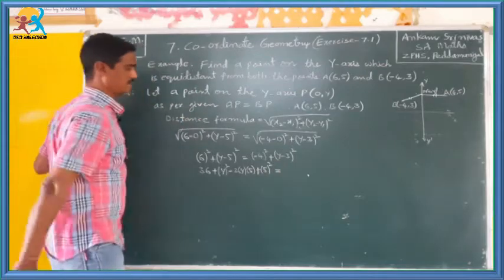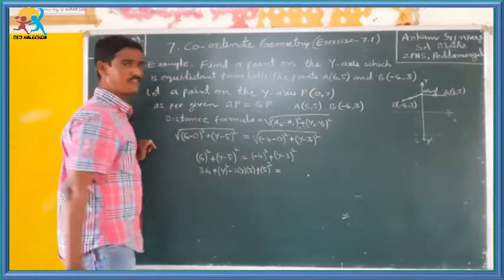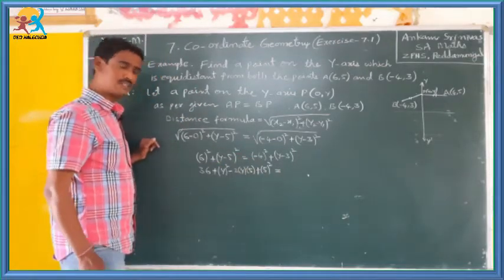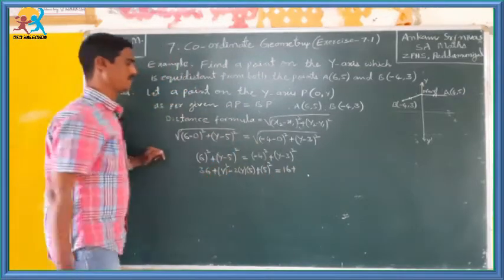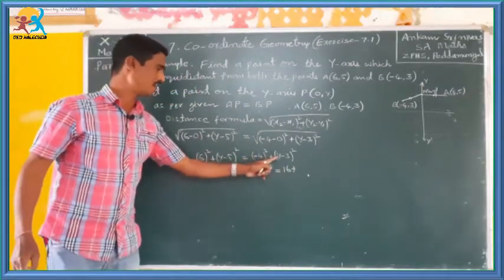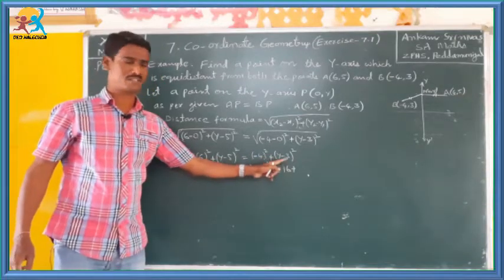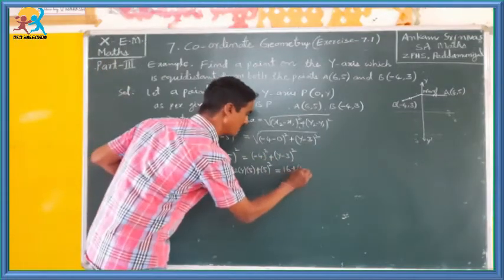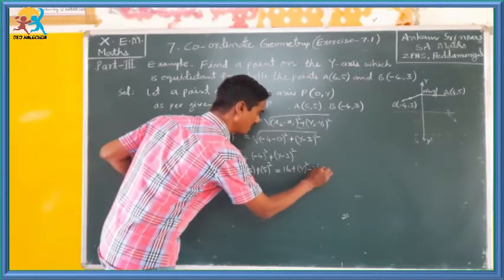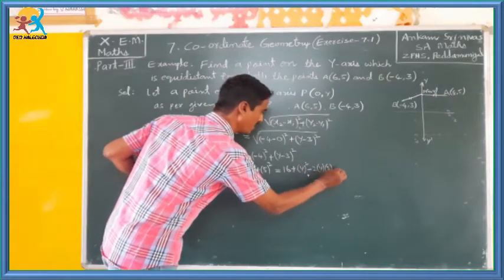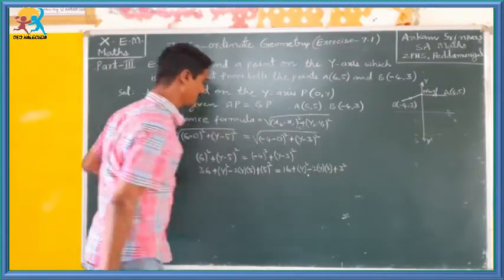This equals (-4) square, which is 16, plus again the formula for (y minus 3) whole square.